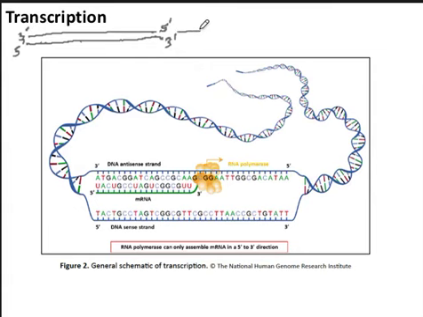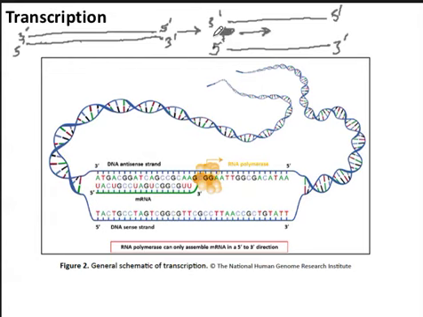What happens is that this will open up and the RNA polymerase will bind to this upper strand and move in this direction and begin to incorporate the nucleotides that are going to be part of the messenger RNA.